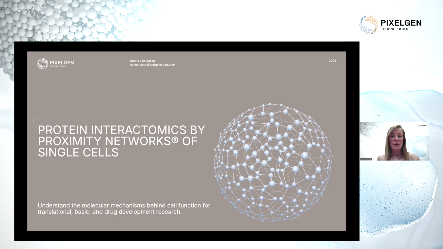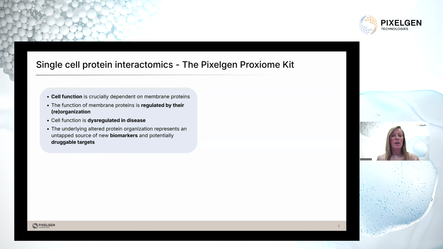So let's get into some background. Why do we want to study single-cell protein interactomics at all? I think most of us are aware now that cell function is really dependent on membrane proteins. And although for discovery and high dimensional studies, RNA is still commonly used, it's because we have a good technology, single-cell RNA sequencing, for that.